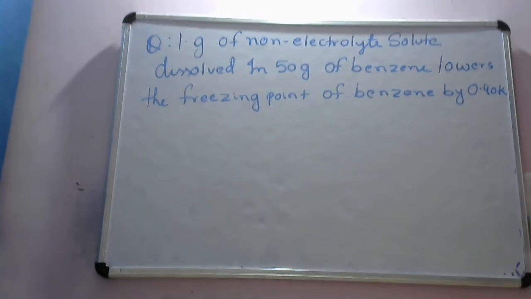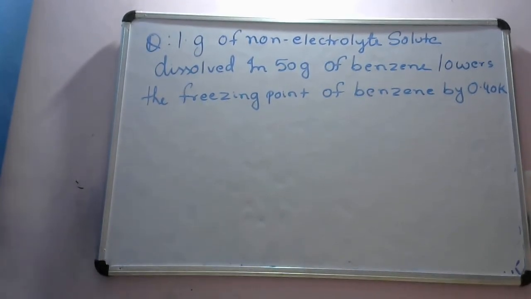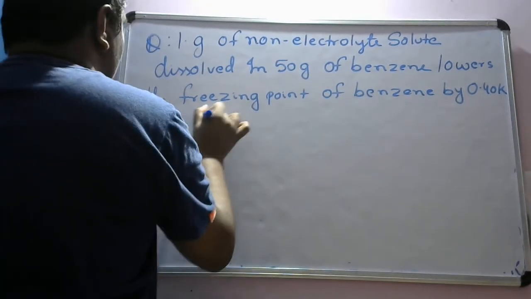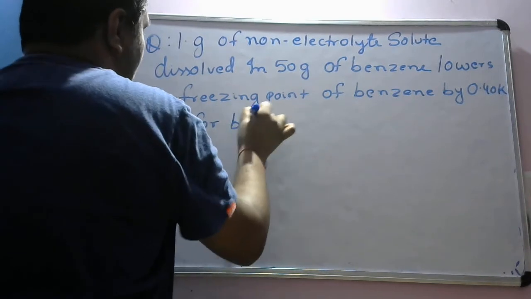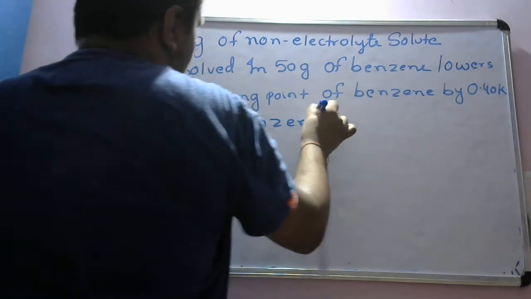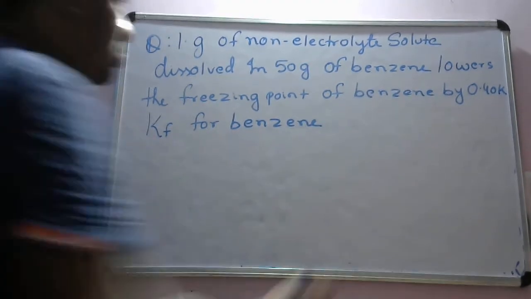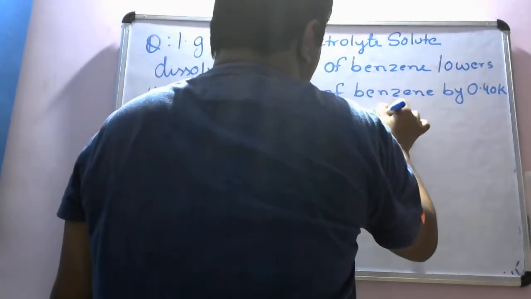Okay, it is given to us. The freezing point depression constant of benzene is given, 5.12 Kelvin kg mole inverse. It is written freezing point depression constant, so I am using symbol Kf, that is 5.12 Kelvin kg mole inverse.